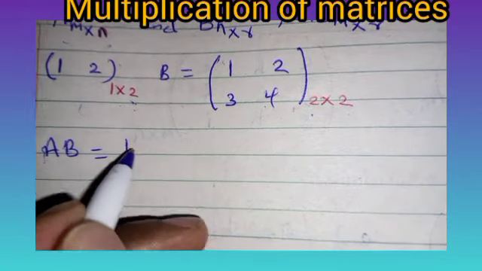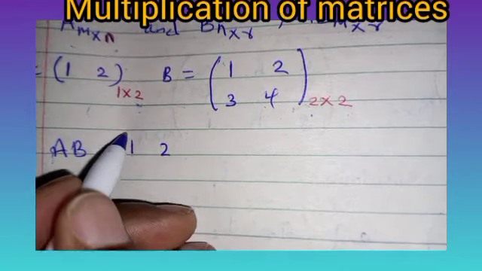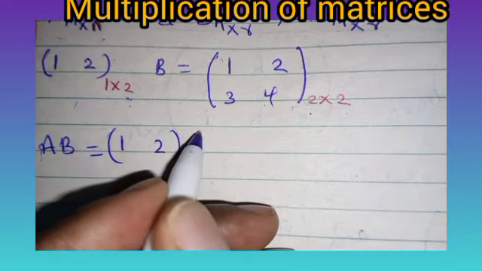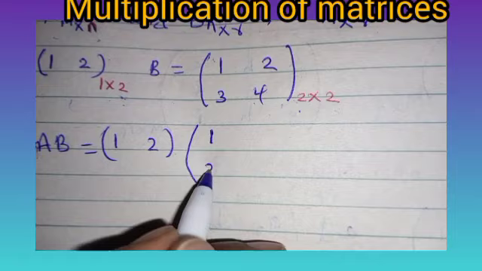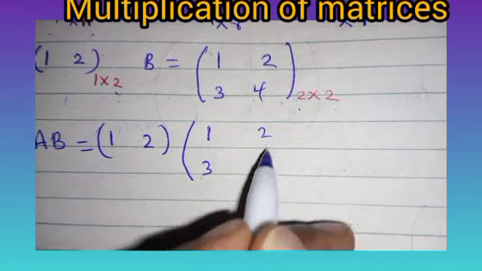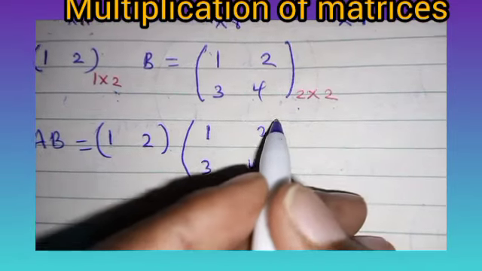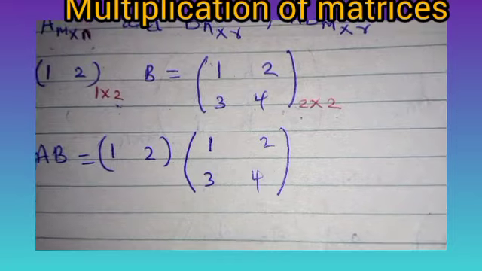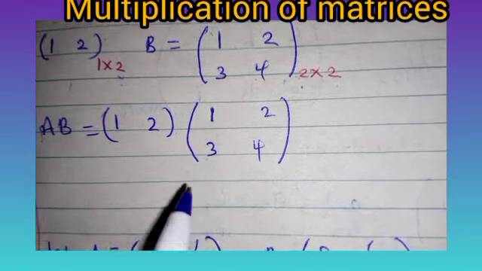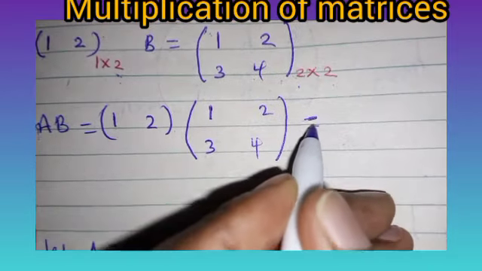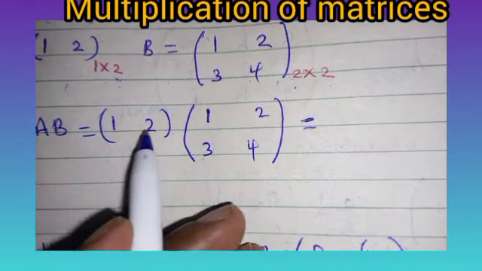You write the elements of A that way, and you write the elements of B as 1, 3, 2, 4. Now, to multiply matrices, what you simply do is multiply the row with the column.